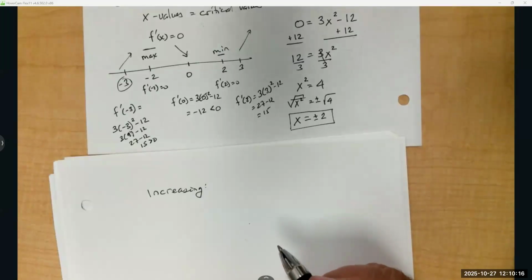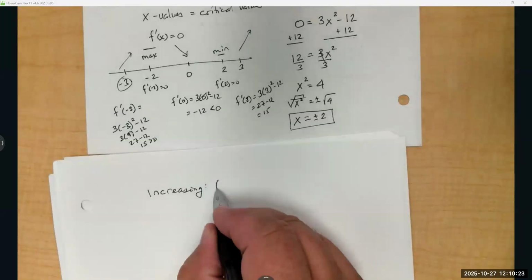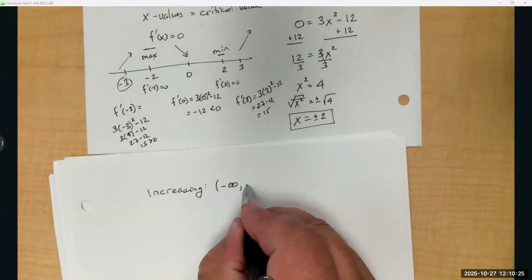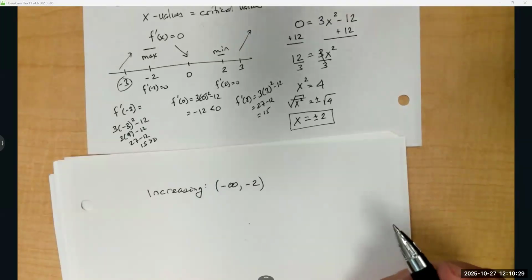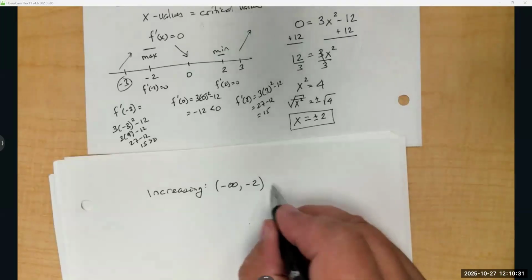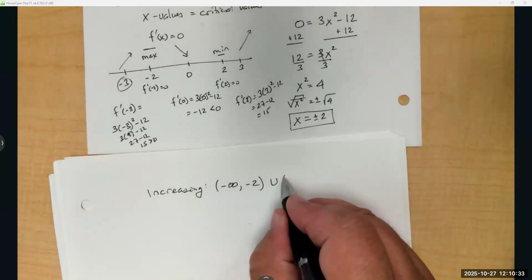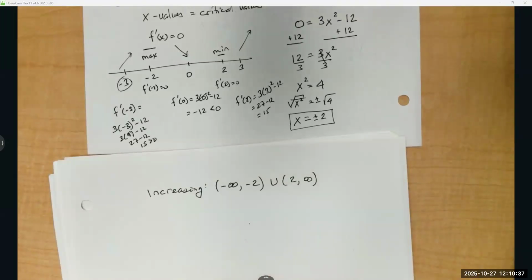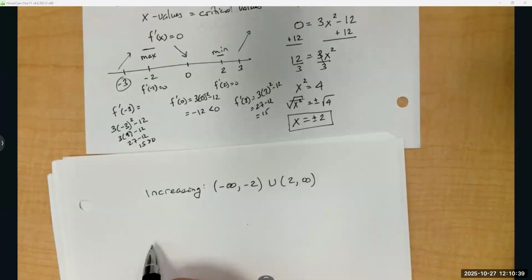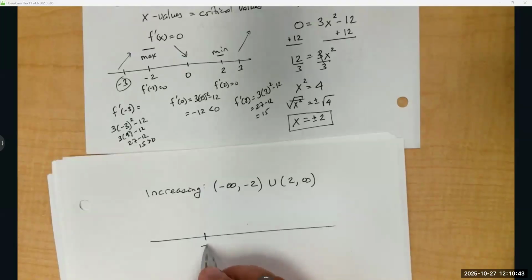Nope, -3 to -2. To where? And where else, if anywhere? Yeah, so here we put a union, 2 to positive infinity. It was at -2 and 2, that's where it stops.